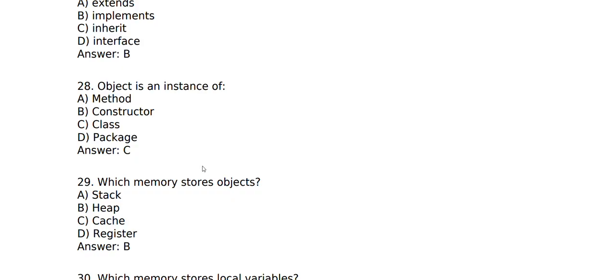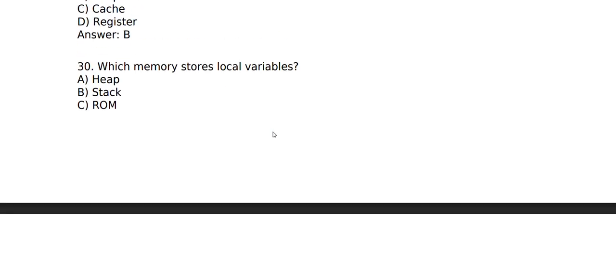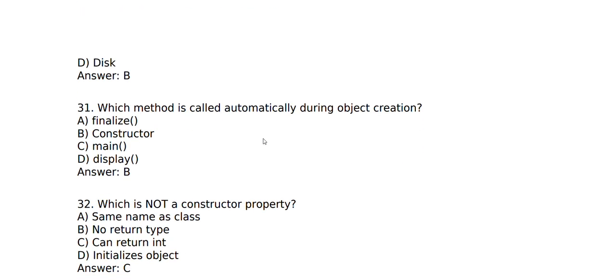Question number 29. Which memory stores the object? Heap. And which memory stores local variables? That is stack. And which method is automatically called during object creation? This is nothing but a constructor.